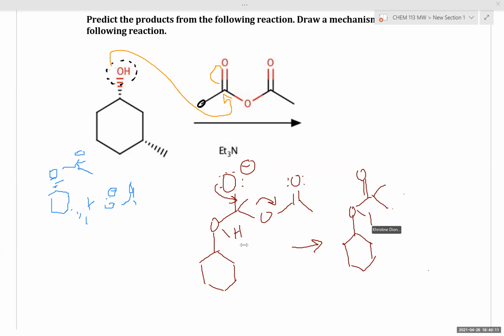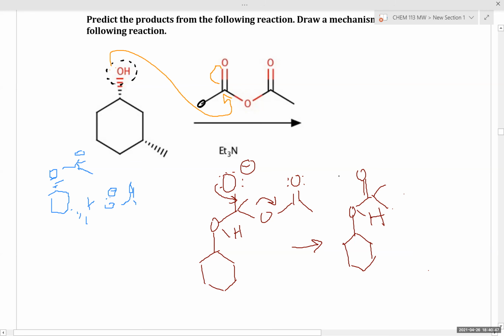Yeah. Perfect. Okay, so when we kick out our leaving group of acetate, could we check the substitution on this carbon? So we kicked out our leaving group. So what's left on our carbonyl? So right now we have too many substituents on this carbonyl. So what's remaining on the carbonyl after we kick out this leaving group?